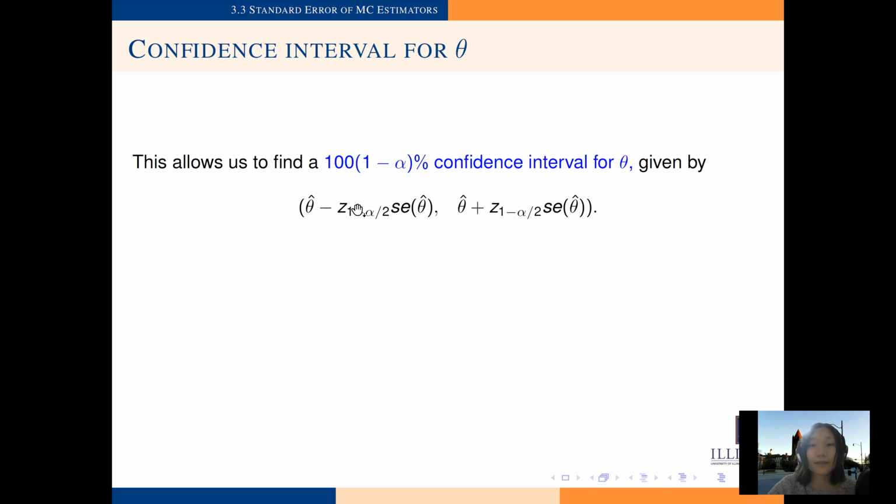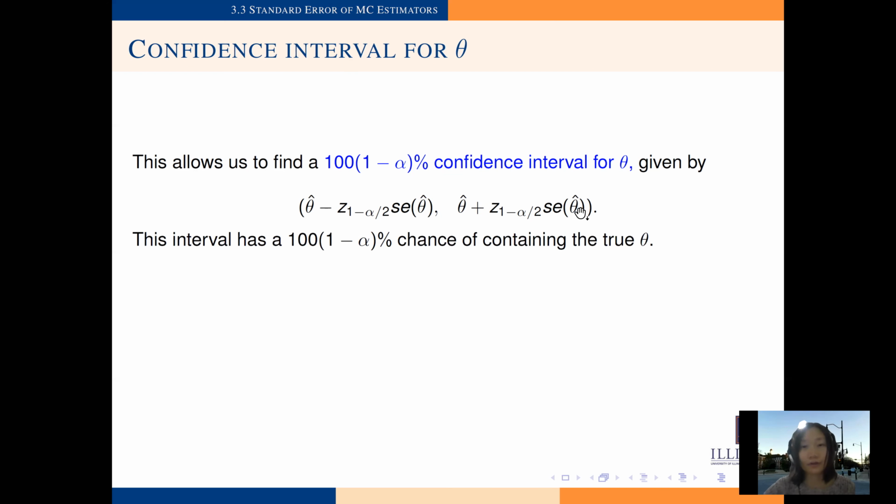And the corresponding z value we'll try to find will be the 0.975, so 1 minus 0.025 quantile for the z distribution, which is approximately 1.96. So this confidence interval has a 100 times (1 minus alpha) % chance of containing the true theta that we're trying to estimate.